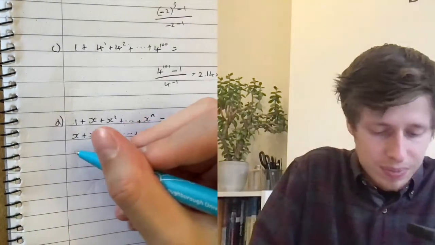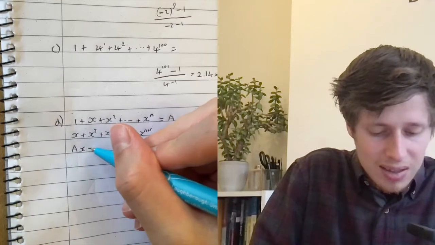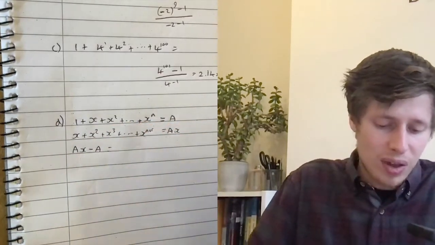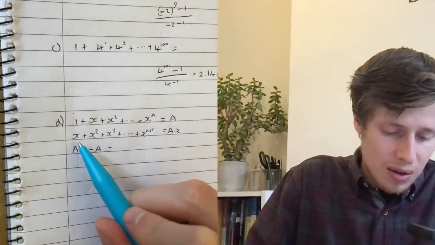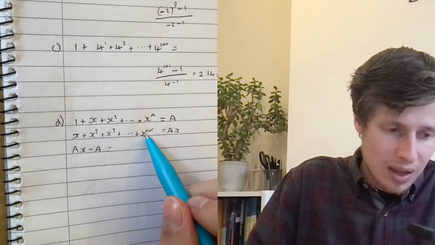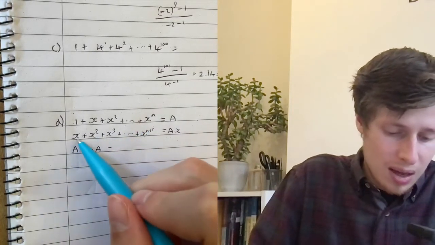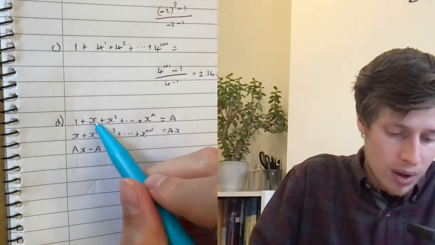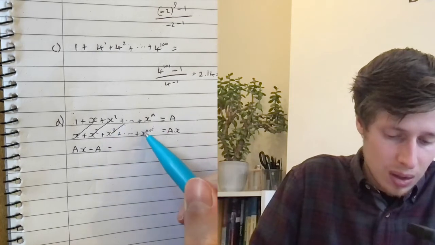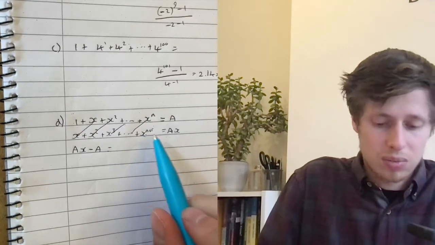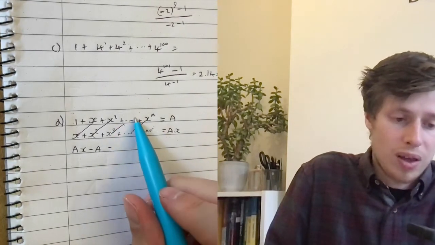Now what I'm going to do, I'm going to do ax take away a. Now, think about it. I'm going to do this, take away this one, but for each of these ones, apart from the end one here, if I take away a, I can cancel these with the corresponding one with this line.